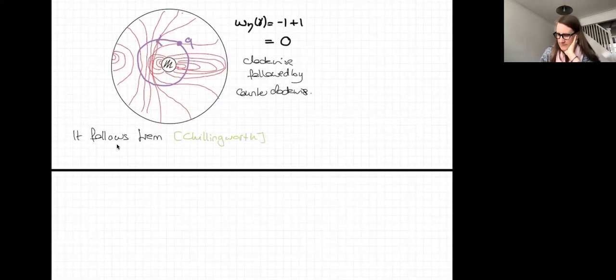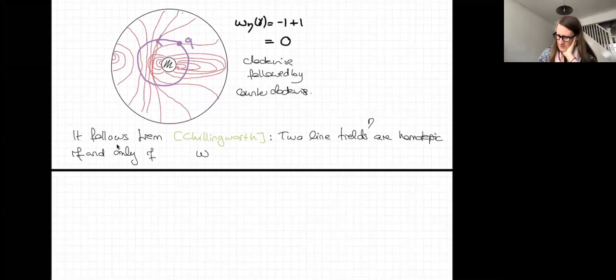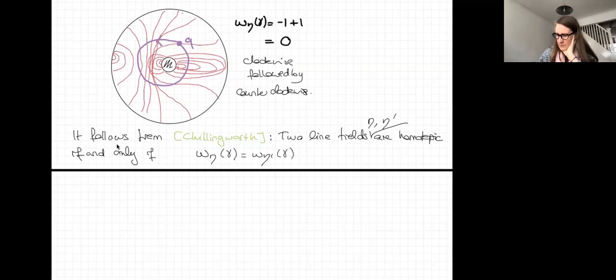It says that two line fields are homotopic if and only if, I should name the line fields, let's name them eta and eta prime, if and only if they have the same winding number on any closed curve, for any simple closed curve gamma.